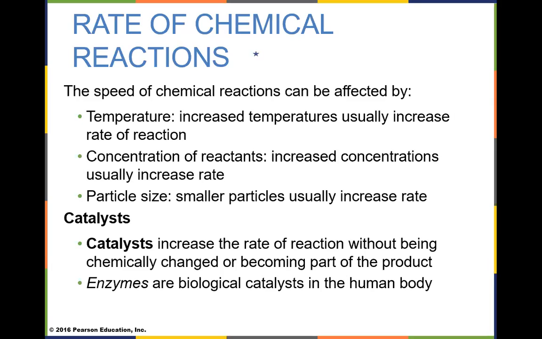And then the last one here is the size of the particles. Smaller particles can react faster because there's more of them. Little tiny particles run into other little tiny particles and a reaction occurs at a faster rate. Large reactants have a hard time.